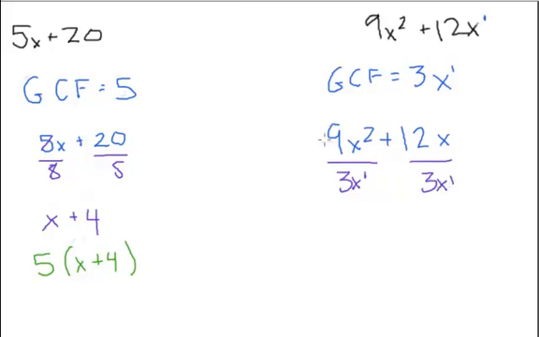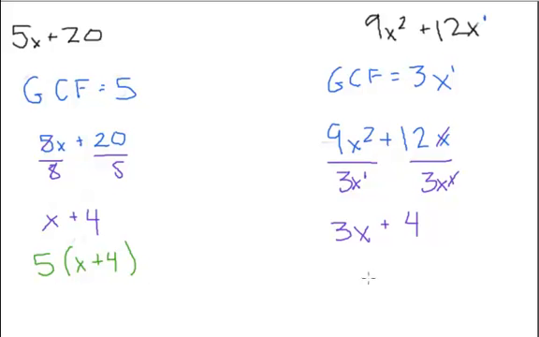Okay, so I have 9 divided by 3, which gives me 3. x squared on top here, x to the 1 down here, so I'm just left with x. Plus 12 divided by 3, that's 4. And I have x to the 1 here and x to the 1 here, which cancels out the x. So I'm just left with 3x plus 4.